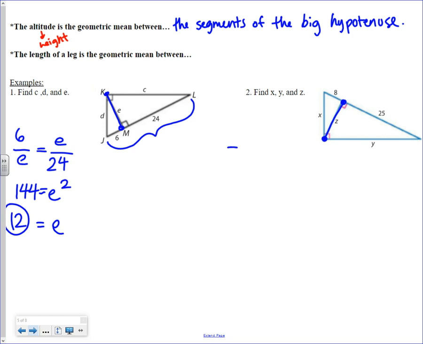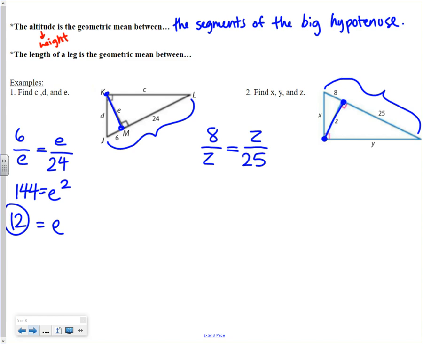Okay, well that has to be the geometric mean between the two segments of the big hypotenuse. What are the two segments of the big hypotenuse? 8 and 25. So those go in the other two spots. Are you picking up what I'm laying down so far? Yes?